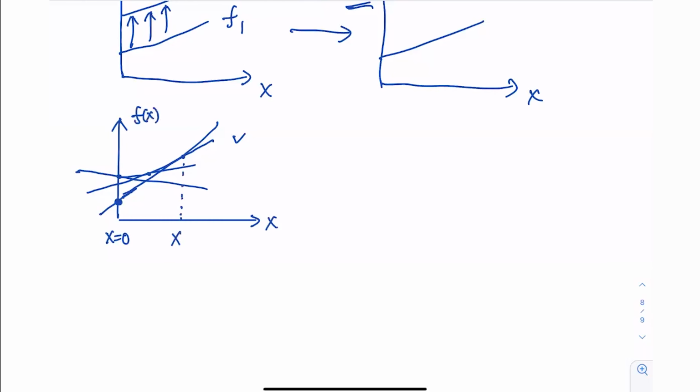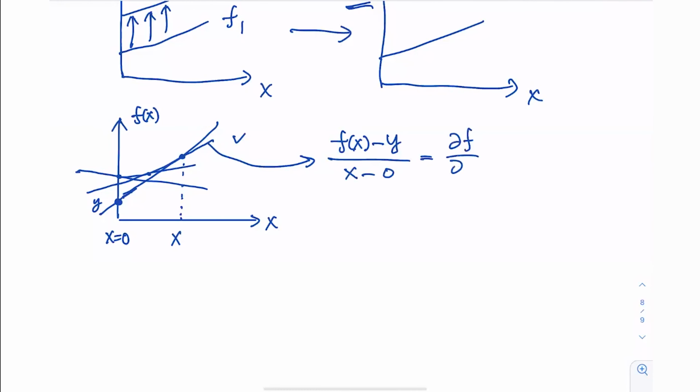Okay, and let me assume that this intersection at x equal to 0 to be y for this particular tangent line. So how to get the equation for this straight line is that you can just simply write it down according to some high school math. This is basically the definition of the slope for this tangent, right?